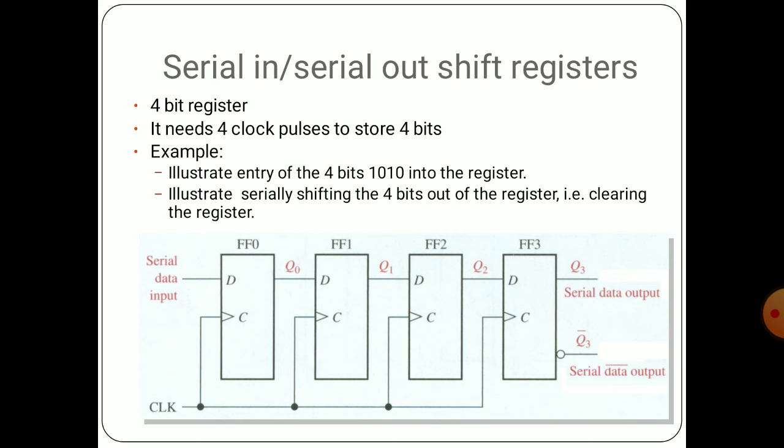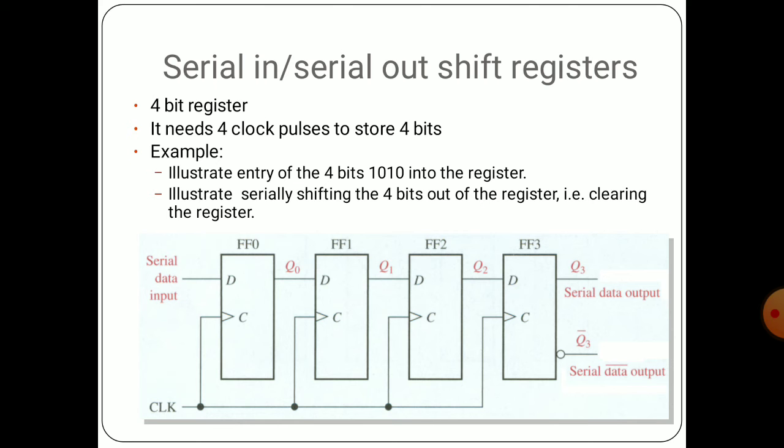You are sending the data serially, and you are going to get the serial data out, and the common clock is given for all flip flops. This is the data pattern of the serial in and serial out shift register.